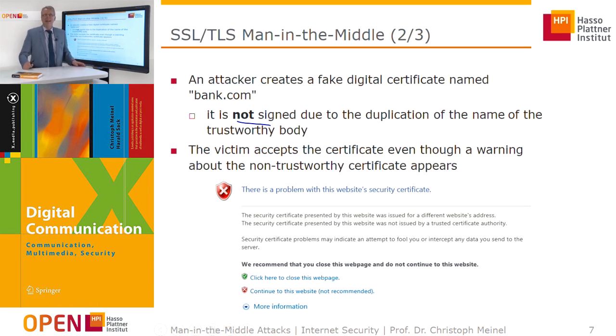When the victim accepts such a fake certificate, even if a warning about the non-trustworthy certificate appears, the attacker can perform such a man-in-the-middle attack on the SSL/TLS level.